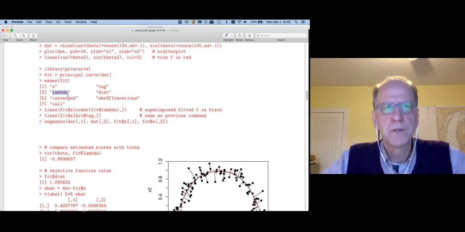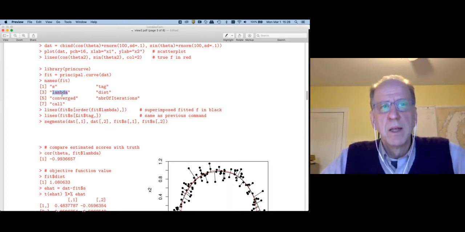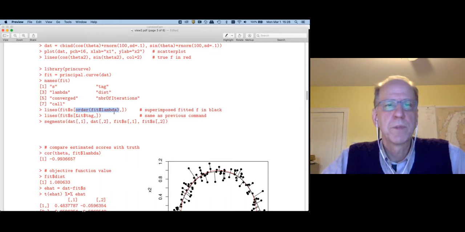Also part of this fitted object is an n-dimensional vector, so an n by 1 vector, lambda. Lambda is like my y value. It's the thing that parameterizes the curve. So an alternative way to show the fitted curve would be to simply order by these lambdas, so go from the smallest y to the largest y, and plot the corresponding s values.